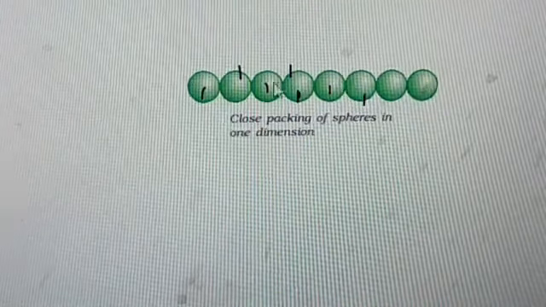We can clearly observe this. Now, in this type of arrangement, this is one type of layer, and this is another layer. We can call it AB arrangement.